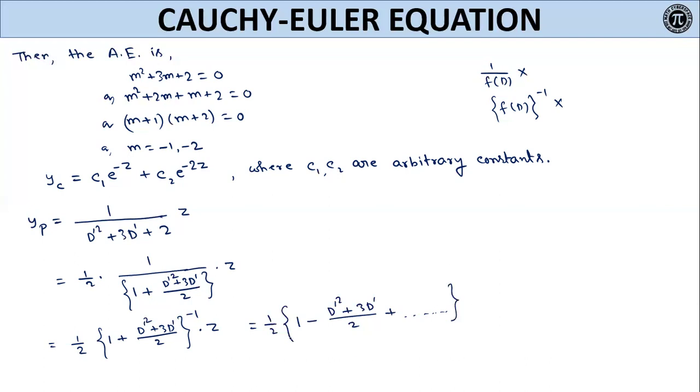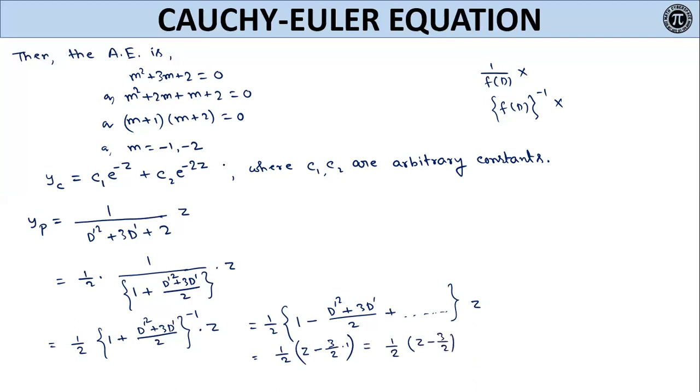So this is half into (1 into z minus D dash square z). D dash square means double derivative, and the double derivative of z will be 0. So plus minus minus 3 by 2 into D dash z, and D dash z means 1. So this is the particular integral: half into z minus 3 by 2.